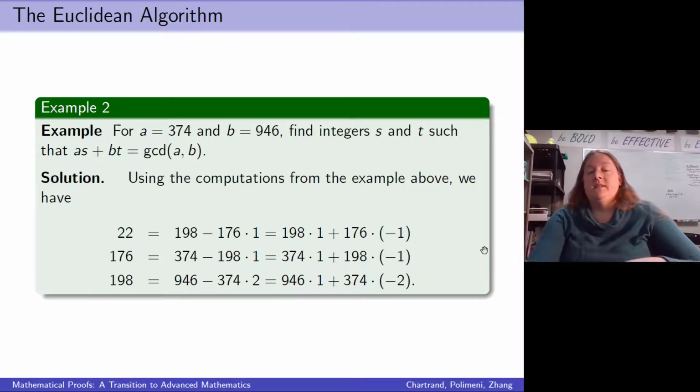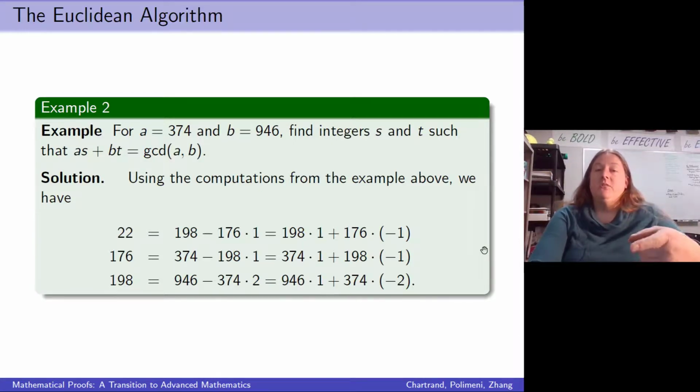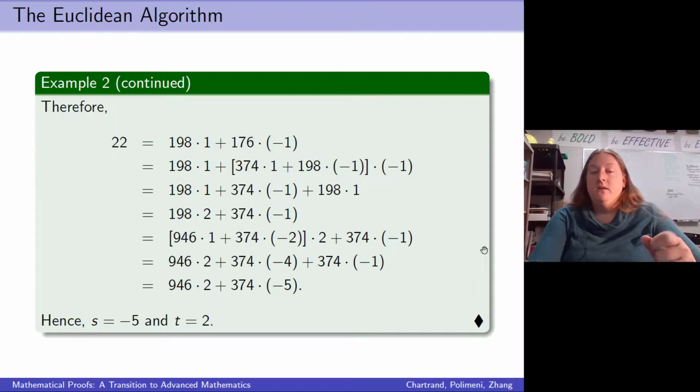So this step right here in the solution that's being worked out is solving for all of those remainders in the equations that we got when we did division with remainder for the Euclidean algorithm. And then we go through and do this backward substitution thing that I said. So we had 176 equals 374 plus 198 times negative 1, or minus 198.